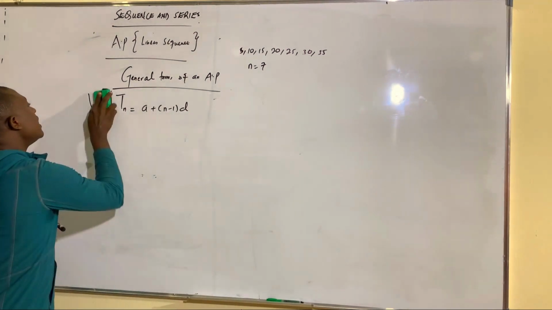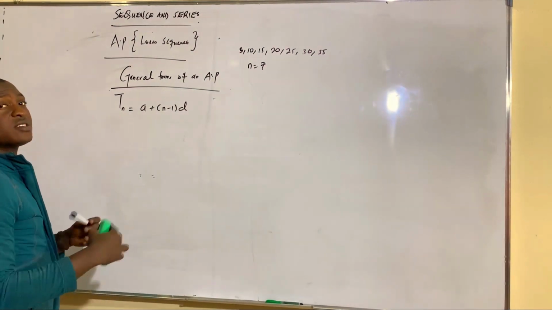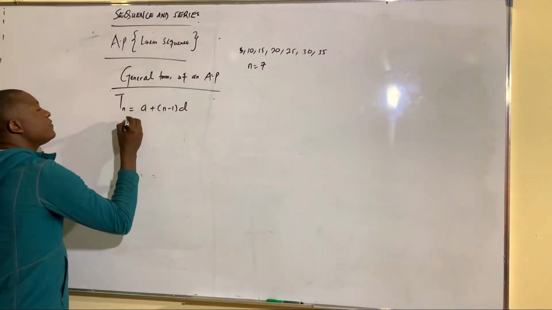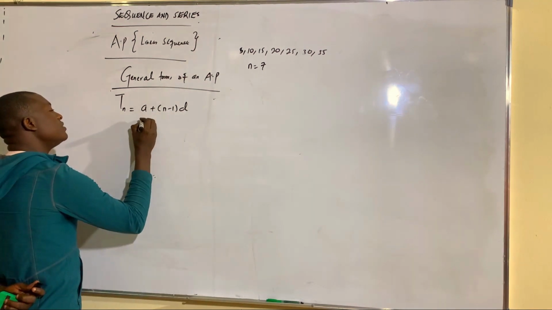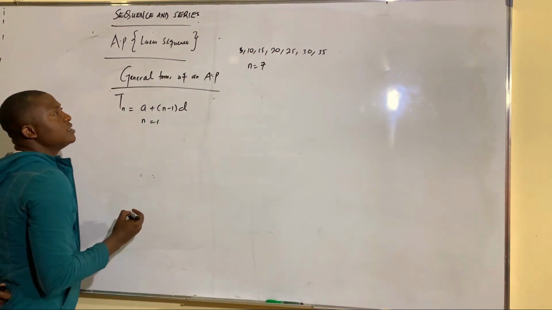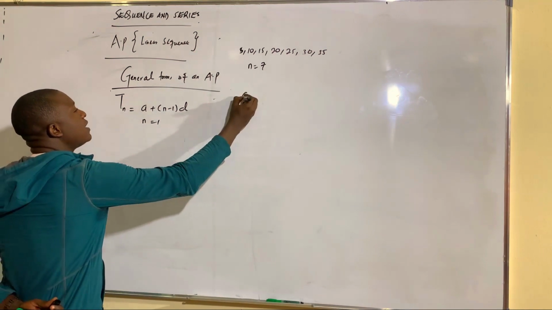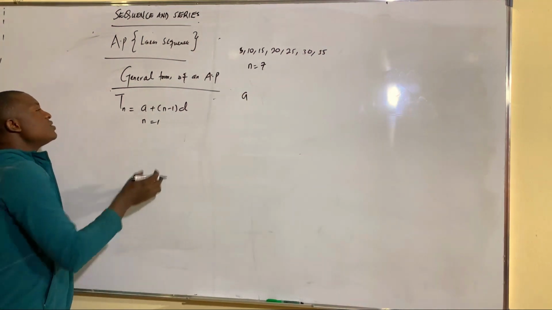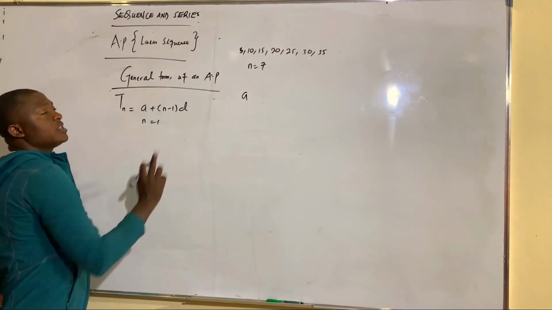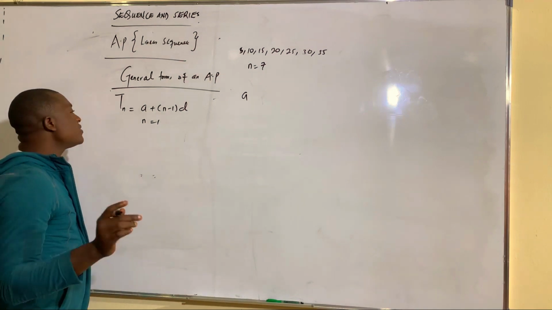So how can we express each term to make our problem easier? Let's say I want to find the first term, second term, third term. The first term means when the number of terms is 1. Remember, I told you that a simply means the first term. If I apply this formula, are we going to get our first term to be a? Let's check.